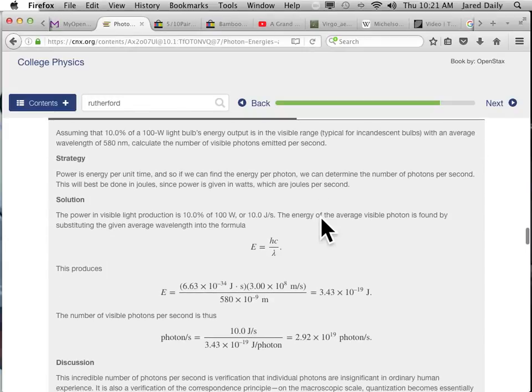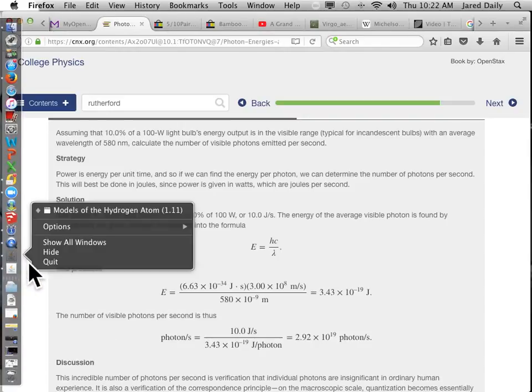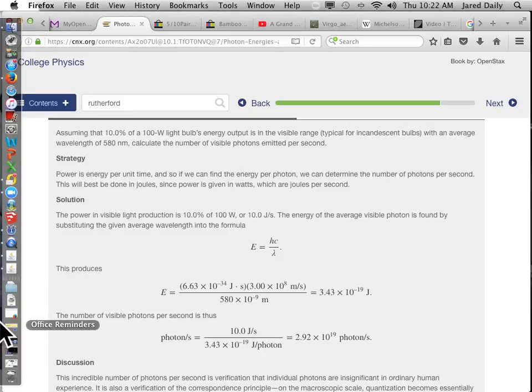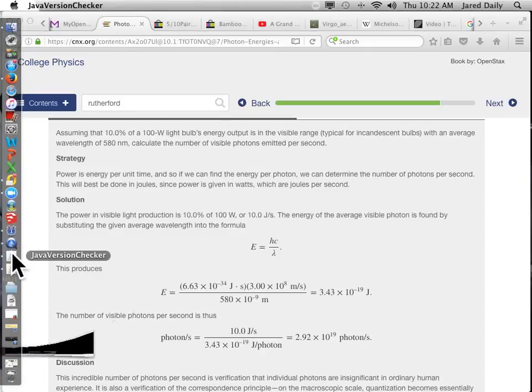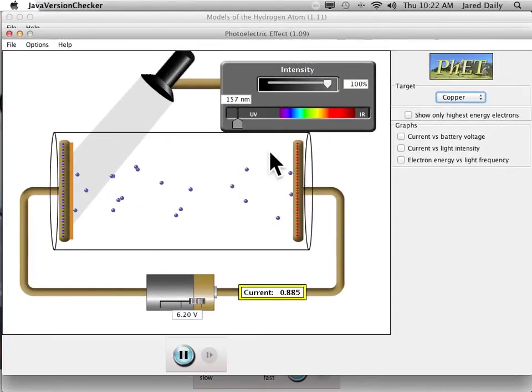If you remember the last experiment we did, the online experiment with this guy right here, with one metal, sodium, we could get particles out using just about any color of light.